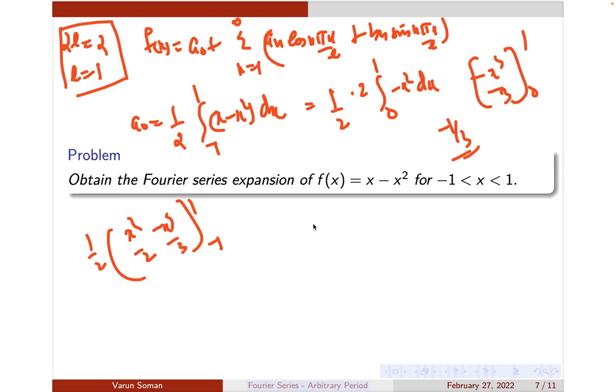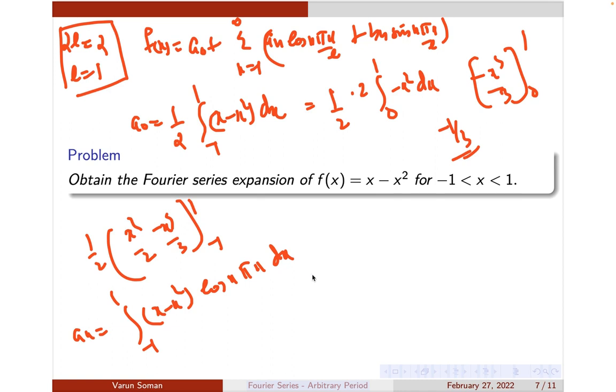Okay, again, how will you find the value of your an? Your value of an would be, write down the formula, it is actually 1 by l. So please write with me. So it will be 1 integral minus 1 to 1 of x minus x square into cos n pi x by l, but your l is actually 1, so just cos n pi x dx.